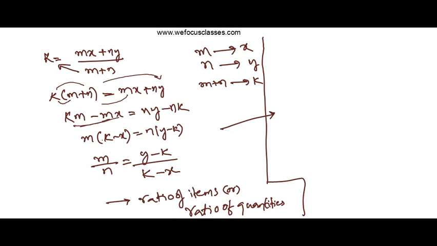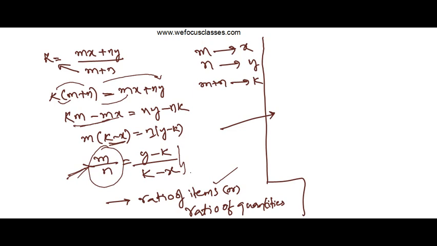Taking m common, we get m into (k minus x) equals n into (y minus k). Take n this side, and we get m by n. This is the ratio required for us, the ratio of the items in the groups or the ratio of the quantities. So we get it as (y minus k) divided by (k minus x). This is the basic funda of the allegation method.